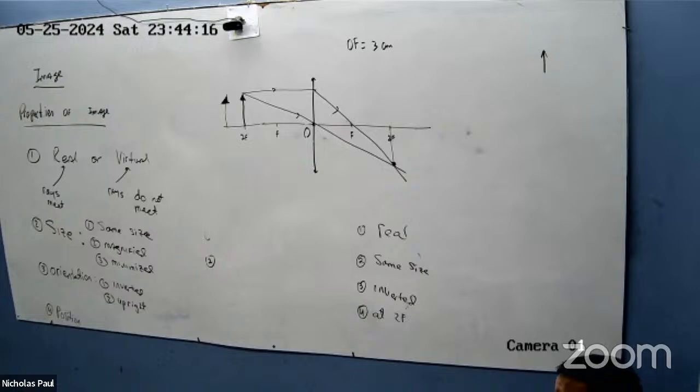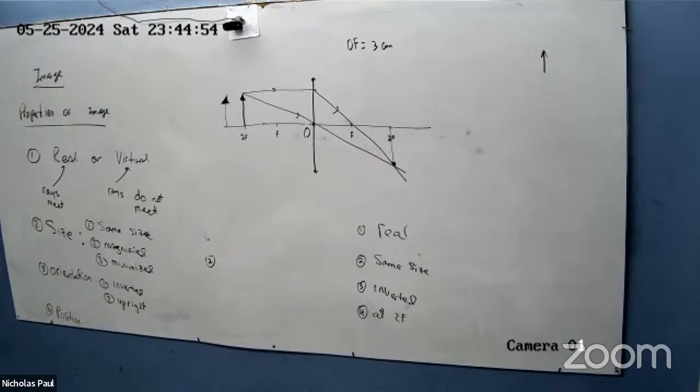All right, so you had to be exact. Maybe you just draw your line a little bit more, but it should be exactly at 2F. Real or virtual?